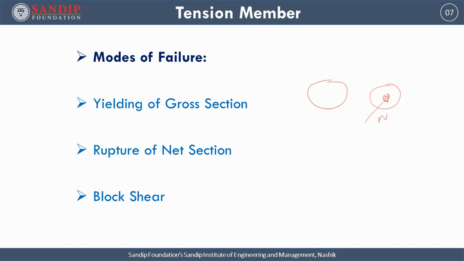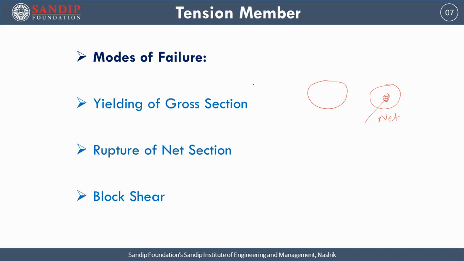If you deduct this hatched portion, whatever remainder is, it's the net section, and this total section is gross. So yielding of gross section is the first mode of failure. Then rupture of the net section is another mode of failure. And the third one is block shear. Now we will see one by one.